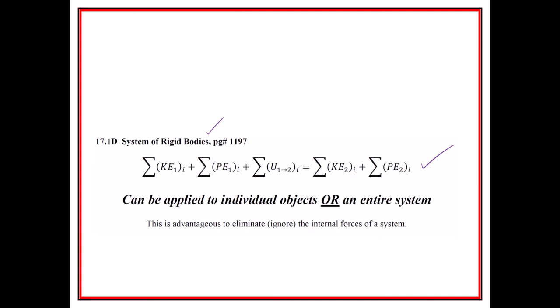And sometimes we could solve a problem multiple times, with the individual objects or the system, and that allows us sometimes to ignore internal forces or to obtain internal forces, and that can come out in some cases.